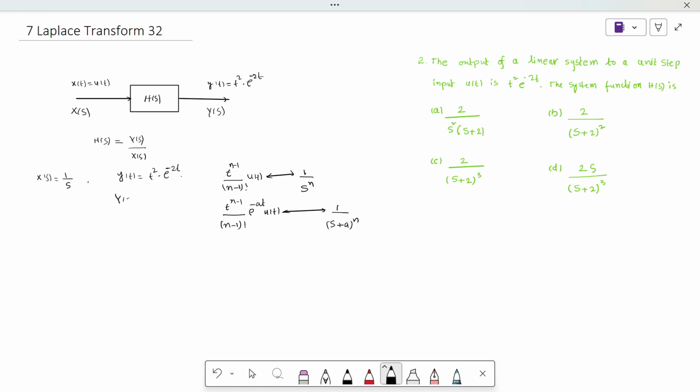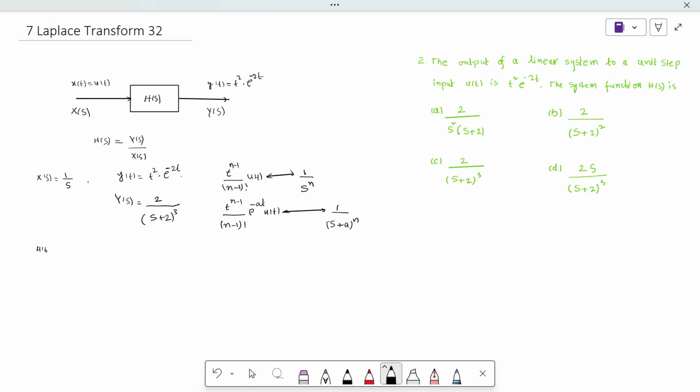So for the Laplace transform Y of s, that equals 2 factorial. So this is power 2, 2 factorial, so we can write this as n minus 1 factorial. We can send it to the right side also. So 2 factorial is nothing but 2 by (s plus 2), and here n minus 1 equals 2, so n equals 3.